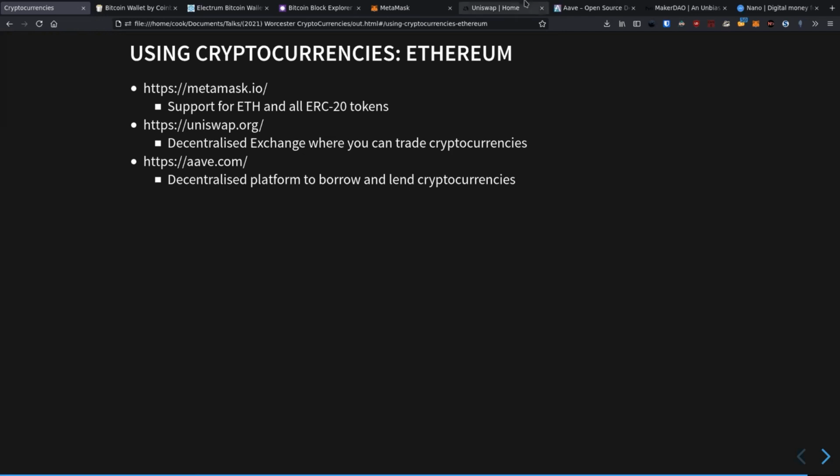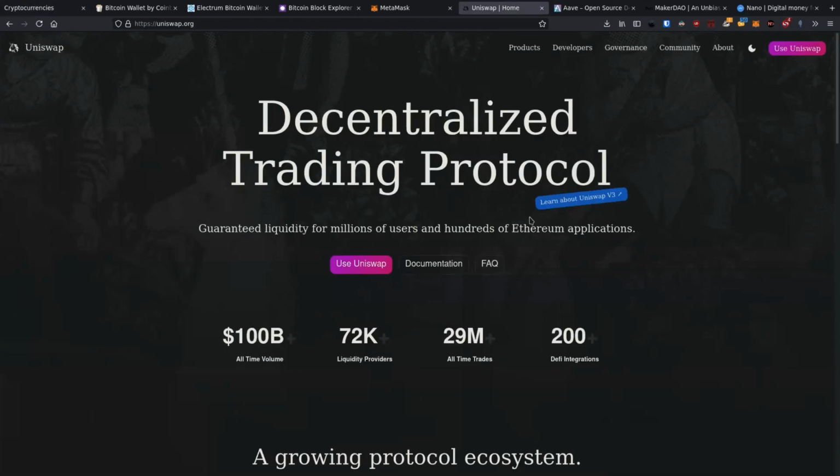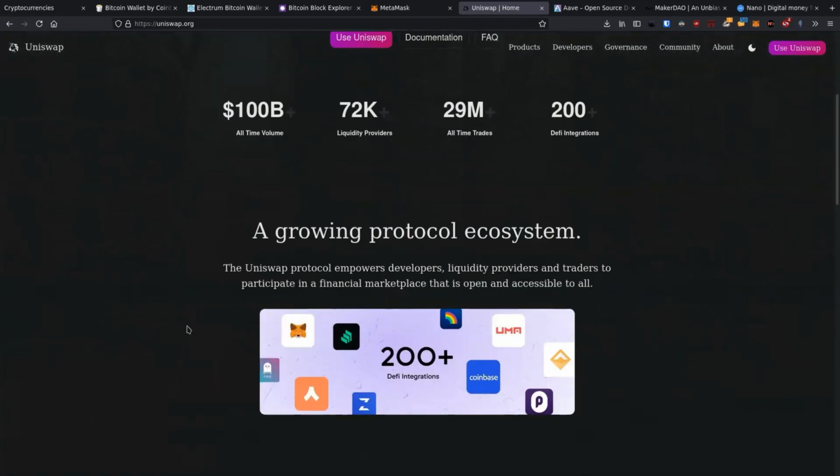Uniswap is a decentralized exchange. So it's an exchange that runs completely on smart contracts, on public code, on cryptography. So you can sell and buy Ethereum tokens without going through any central entity like an exchange. So I really recommend this. It's a great tool. And you also have Aave, which is decentralized borrowing and lending.